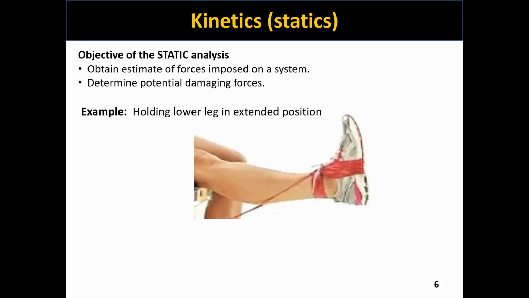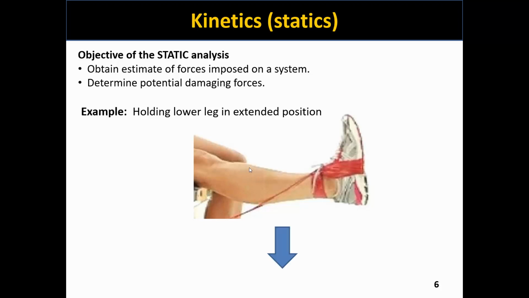And in this example here, we see a person holding their lower leg in a knee extended position, and this leg has attached to it a rubber elastic band to provide additional resistance to the knee extensor muscle group. Now when we look at this picture, it is a very complicated, very asymmetrical system to analyze.